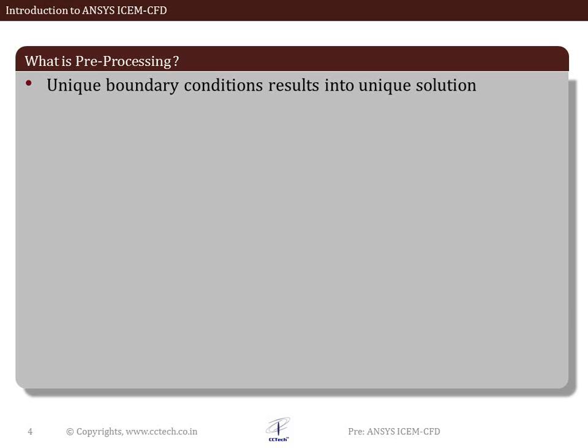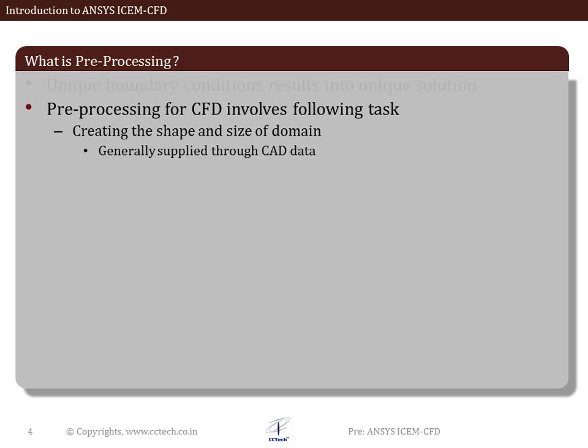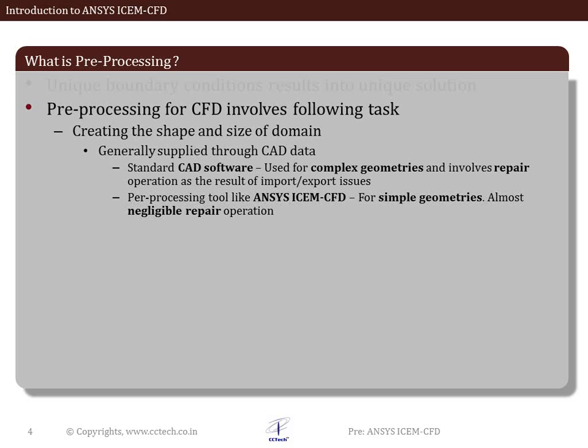The uniqueness of a boundary condition is defined by shape, size, as well as the value of known flow property on the boundary. A typical CFD pre-processing activity involves creating the shape and size of the domain. This is generally supplied through CAD data. This CAD model is generally created using CAD software or the geometry modeling features available in ICEMCFD.